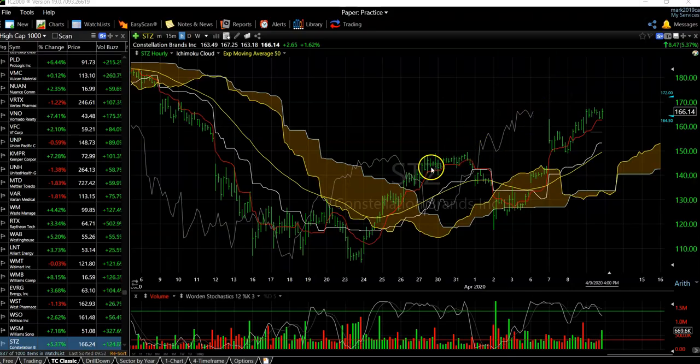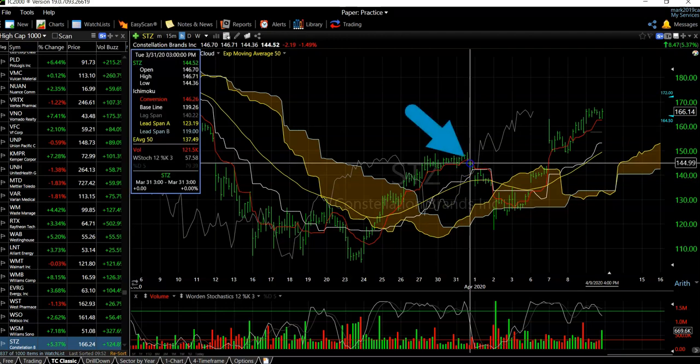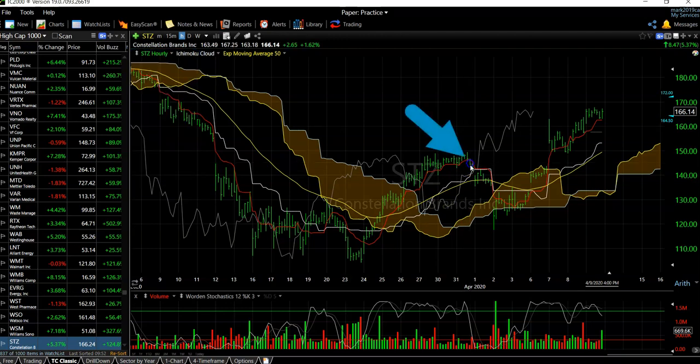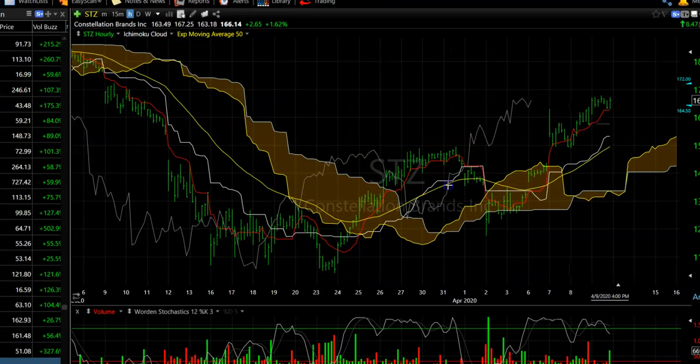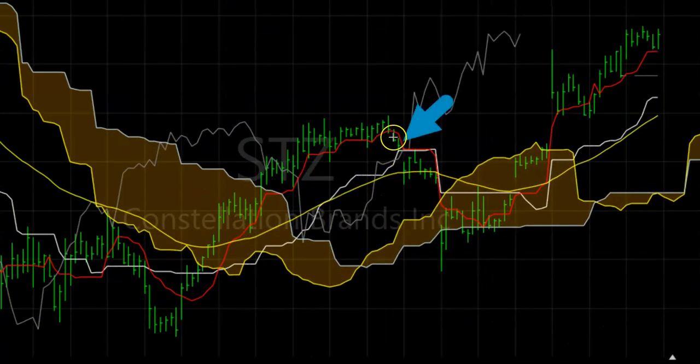Now option number 1 is you could have sold it on March 31st when it crossed the conversion line, which is the red line of the Ichimoku cloud.